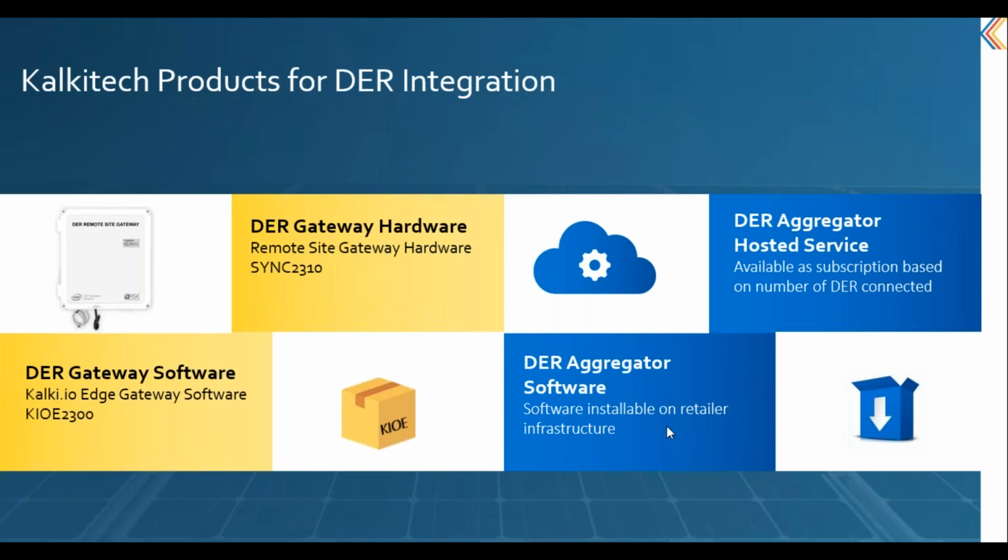For the aggregator, there are two options. There's DR aggregator software, which can be installed on the retailer infrastructure. And there is an option for the aggregator hosted service, a multi-tenant service, which can be subscribed on an on-demand basis. So depending upon the number of DERs hosted, there will be a subscription model available for the hosted service, where you can connect the DERs, and from the DR aggregator you can link directly with the utility's DR headend.